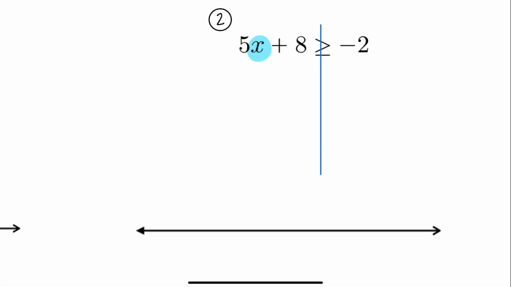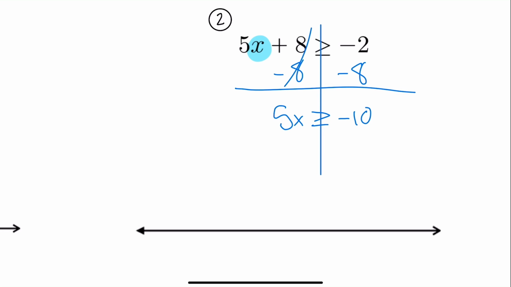So we want to start with adding or subtracting first, and then multiplying or dividing. So the number that's being added here is 8. So to get rid of that, I'm going to subtract 8 from both sides. That's going to leave us with 5x, because 8 minus 8 is 0. And that's greater than or equal to negative 2 minus 8. That's going to give us negative 10.